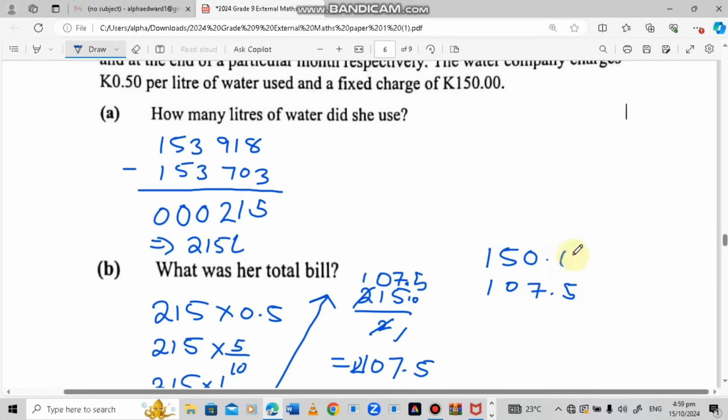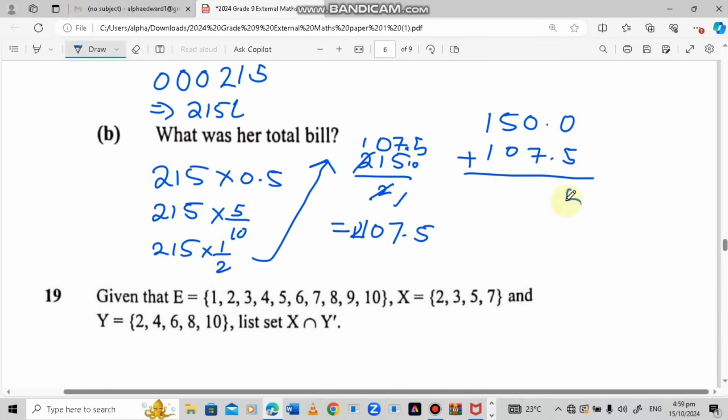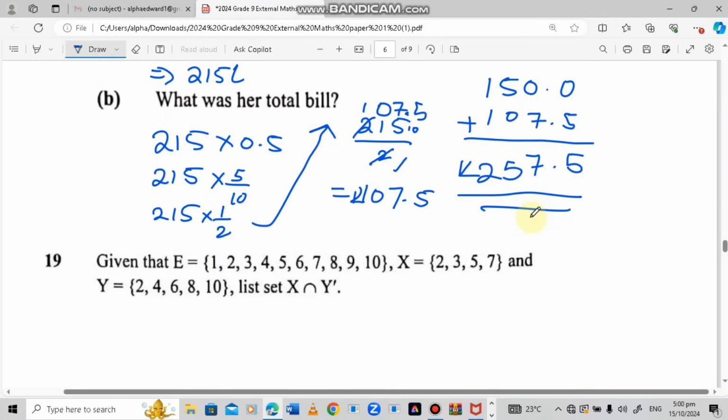So here we put a 0, then plus. 0 plus 5 is 5. 0 plus 7 is 7. 5 plus 0 is 5. 2 plus 2. 1 plus 1 is 2. So she had used 257.5 kwacha. So she had used 257 kwacha 50 ngwe.